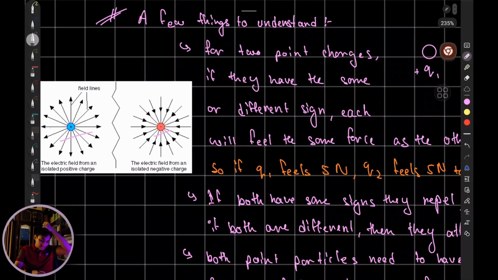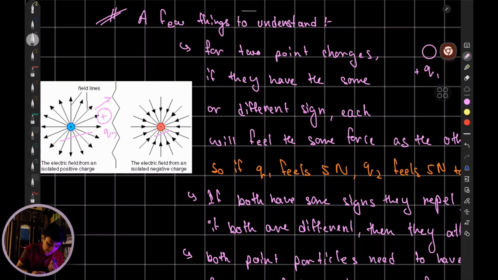So since these fields exist, what is the meaning of this field? This field is basically telling you which direction the force will be exerted. So if you bring another positive charge over here, this is going to be repelled by this positive charge. So the electric field is outward. This is feeling a force outwards.